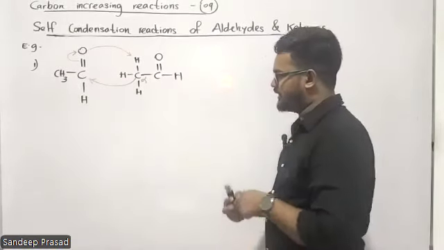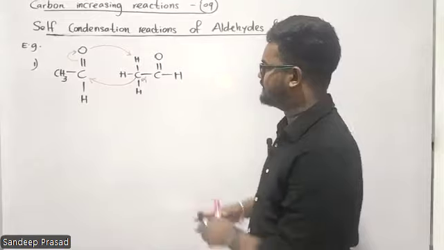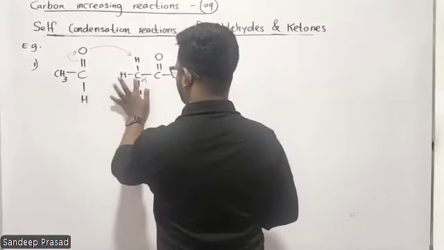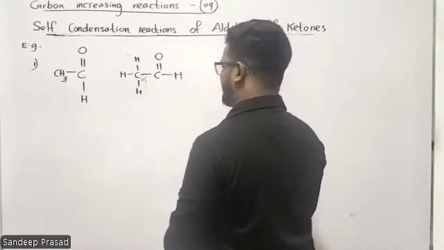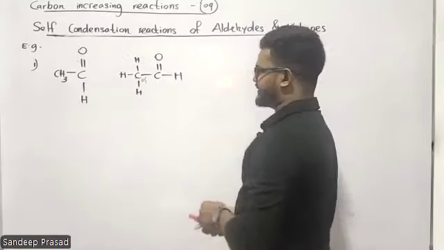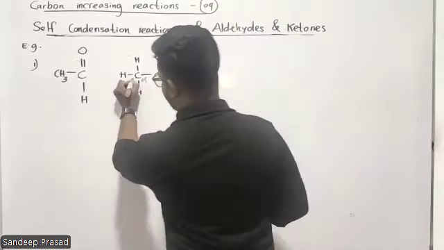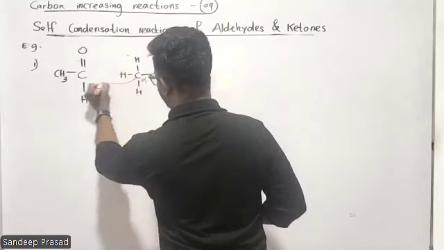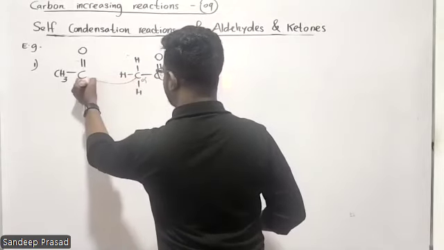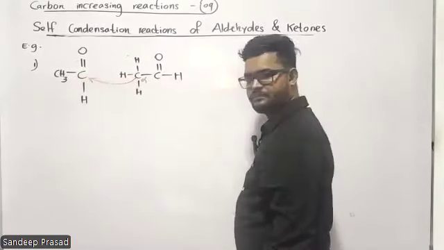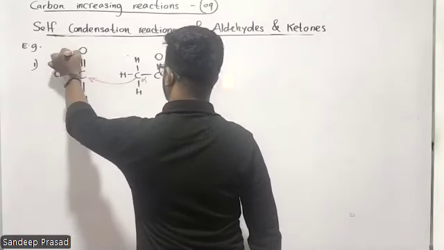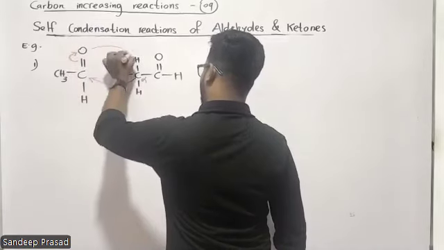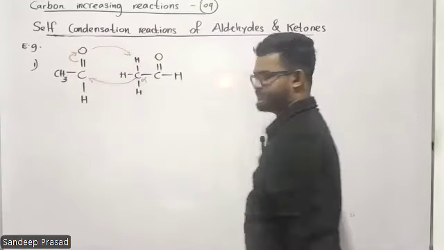Look at this one again. Start from the carbonyl carbon. The carbonyl carbon is ready to remove hydrogen, so it is removing hydrogen. Then this carbon is connecting to the carbonyl carbon in the other molecule. Then the carbon-oxygen double bond has to be broken. Then oxygen is taking this removed hydrogen.